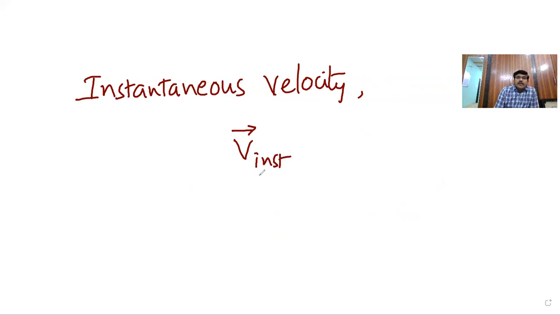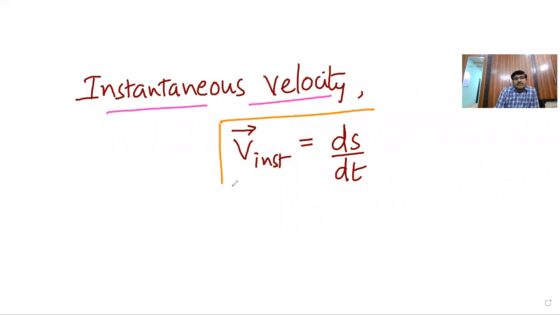Instantaneous velocity is simply defined as ds by dt.